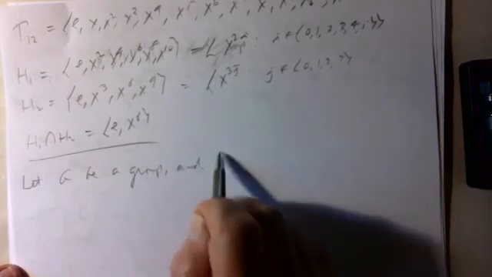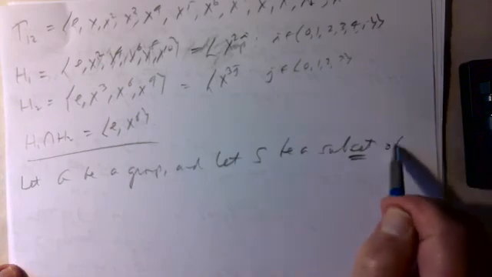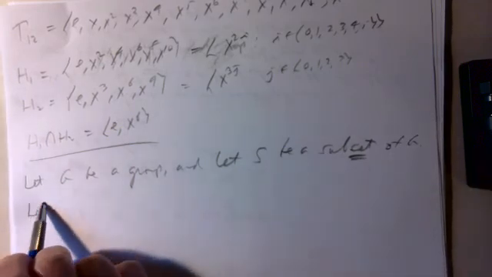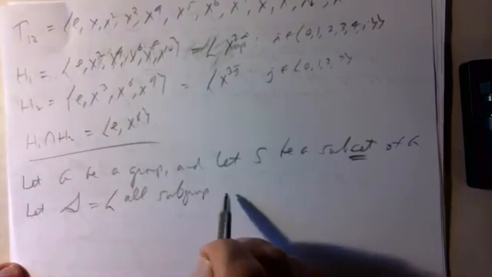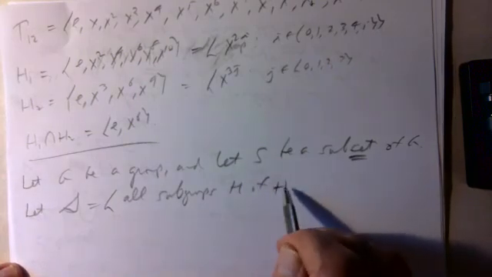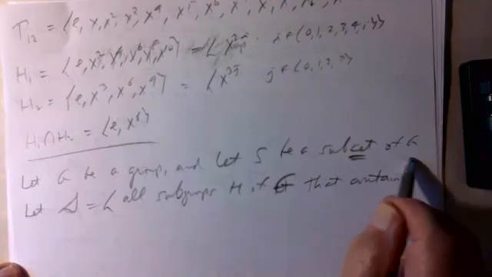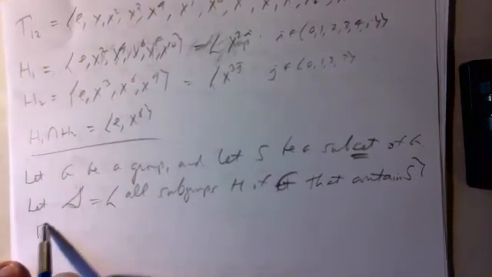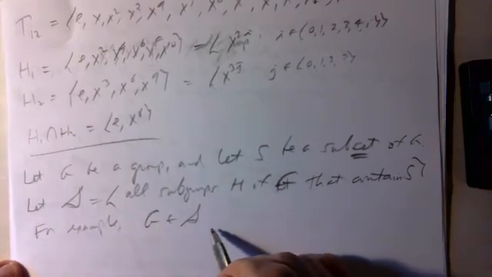So now let's go back to what I started to say. Let G be a group and let S be a subset, not a subgroup, but a subset of G. I'll call script S the set of all subgroups H of G that contain S. So for example, G is in script S because G is the whole group.